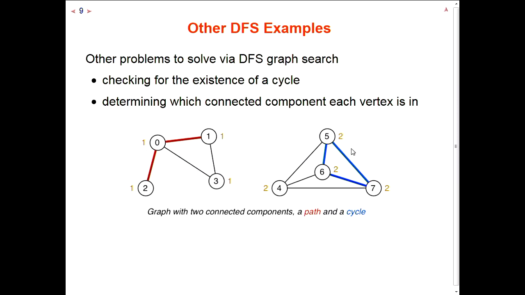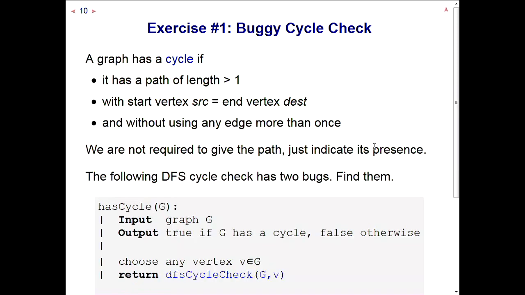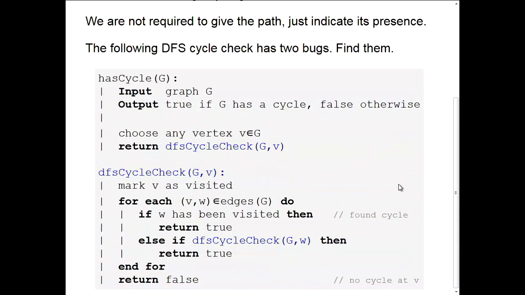But we wouldn't detect this cycle here. Because using depth-first search, we will never be able to come from this component to this component. Very good observation. So that doesn't work because it doesn't check all components. It checks only one component, depending on which vertex we chose to begin with. First bug. And the second bug, maybe someone else.